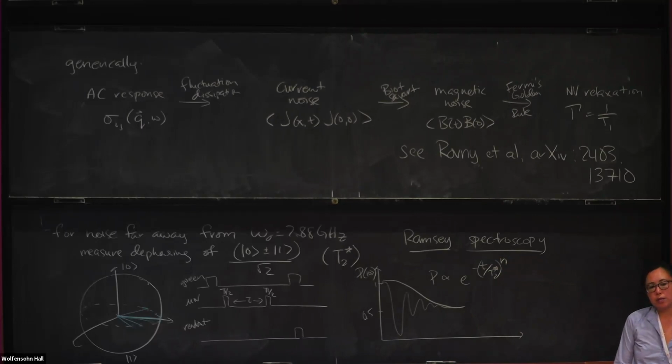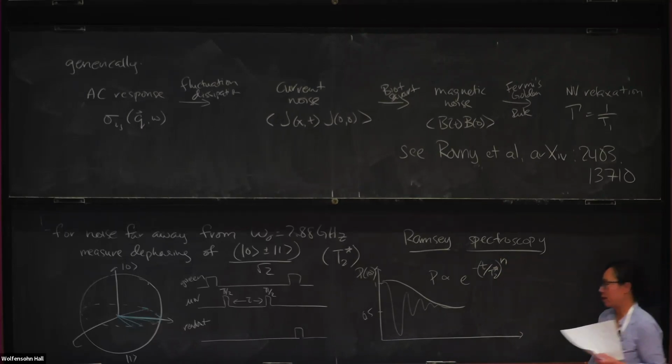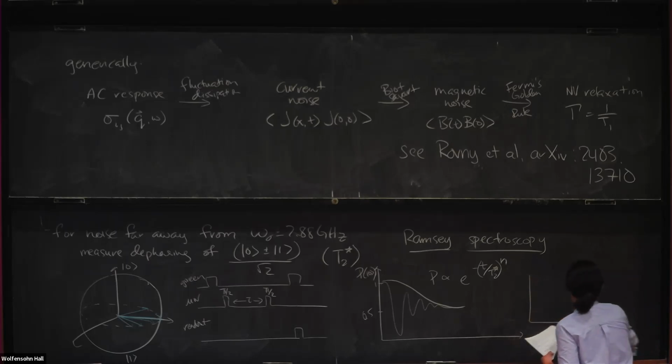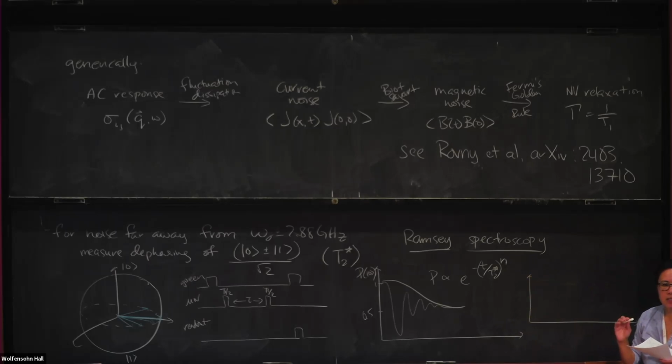Right. So generally in Ramsey spectroscopy, one way to think of it is let's ignore this envelope for a little while. And let's just say I have this coherent superposition. I'm letting this thing evolve coherently over time. And then my final readout is going to depend on this evolution over time in the magnetic field. And it should be roughly cosinusoidal, right?